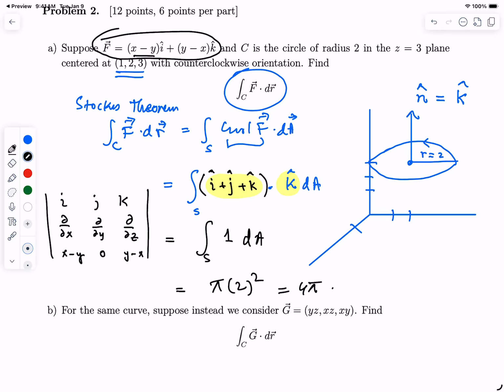That's it. So when any vector field is given and we are interested in computing the line integral, we can apply Stokes theorem as long as the boundary is nice, and maybe in some problems it will be explicitly mentioned to apply Stokes theorem.